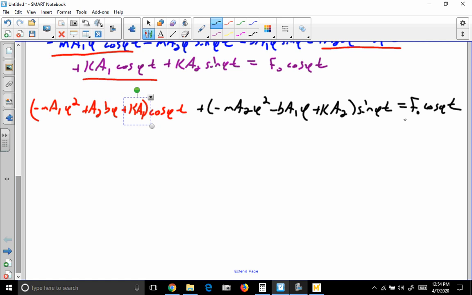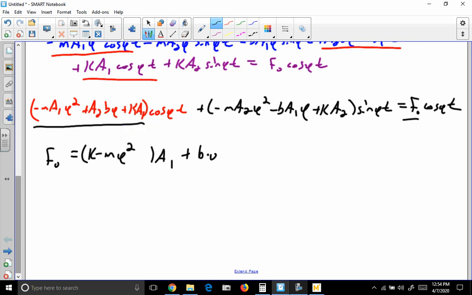F0 is the coefficient of cosine on the right, so that should equal this. Let's put this in terms of A1 and A2. So the coefficient of A1 is k minus m gamma squared, and the coefficient of A2 is b times gamma.